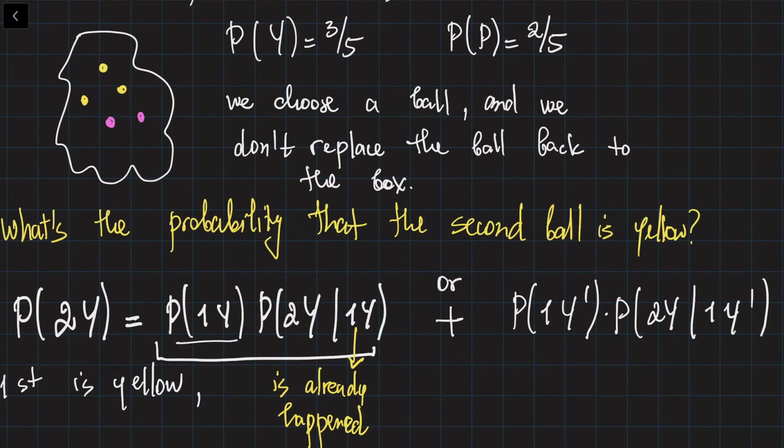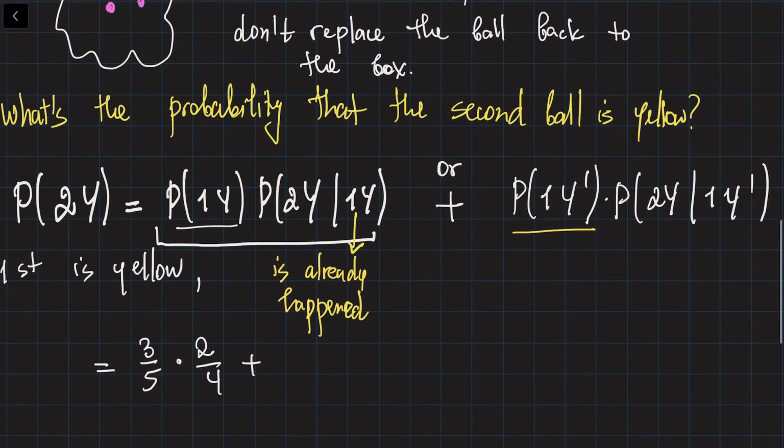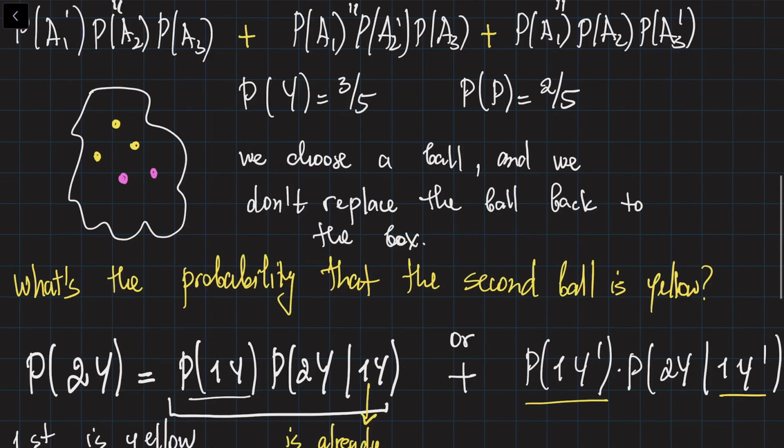Now we need to consider the probability that the first ball is not yellow. You have 5 balls, 2 of them are not yellow, and the probability of choosing a not yellow ball is 2 over 5. So we assume that the first ball is not yellow. The event after the vertical line has already happened. So basically, we chose one of these balls.